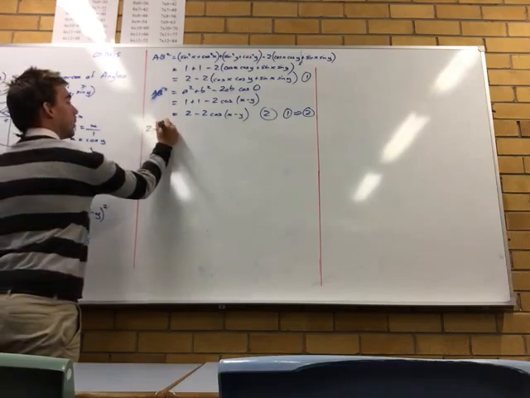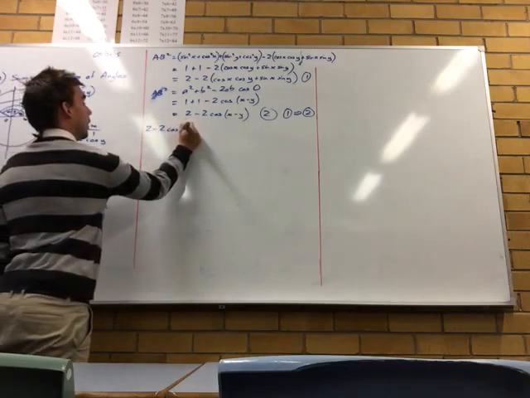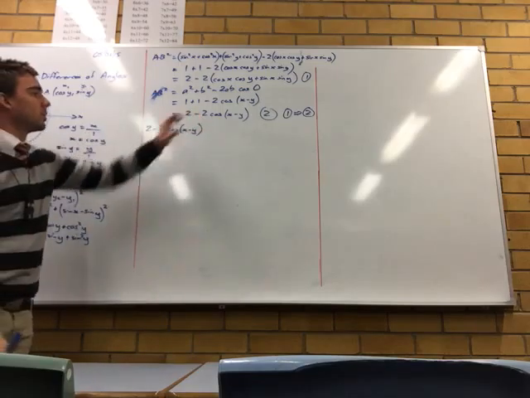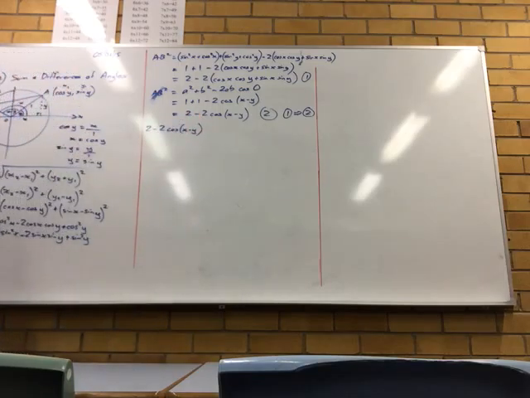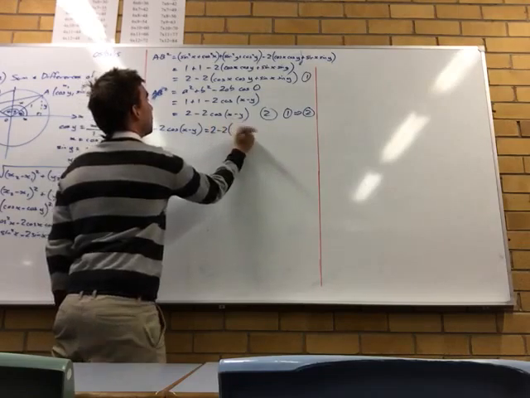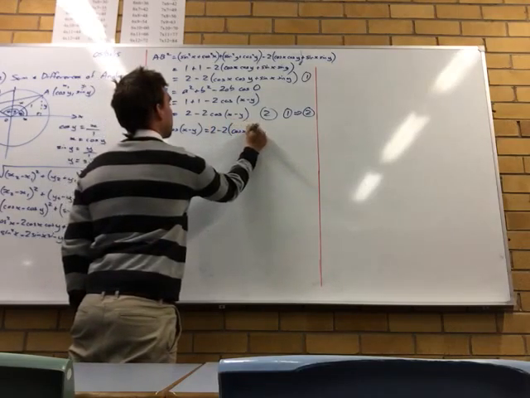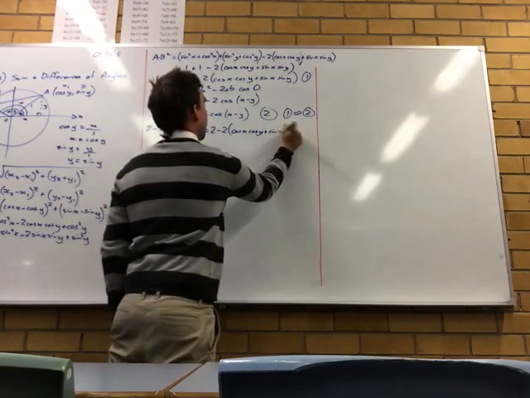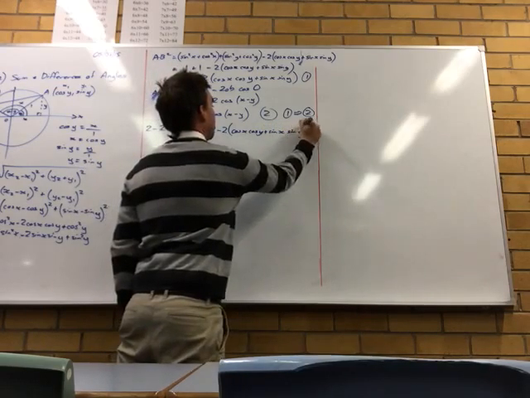Alright, so 2 take away 2 cos of x take away y. So I'm writing this side first. Oh no, that's correct, 1 into 2, yeah. Which equals 2 take away 2 cos x cos y plus sin x sin y.